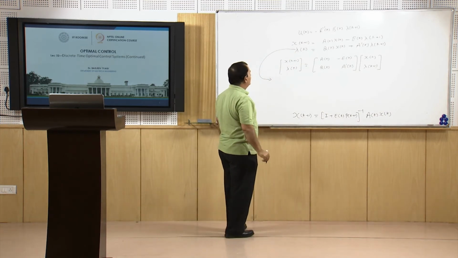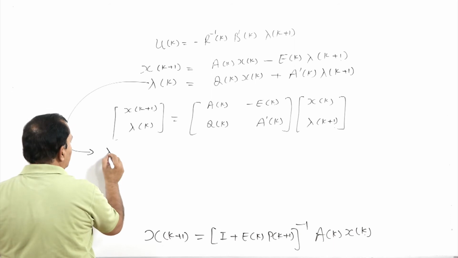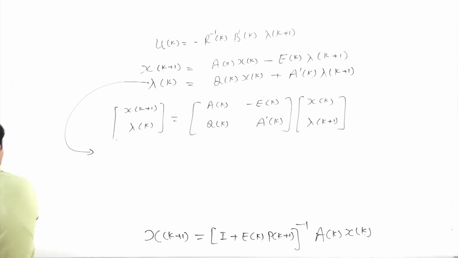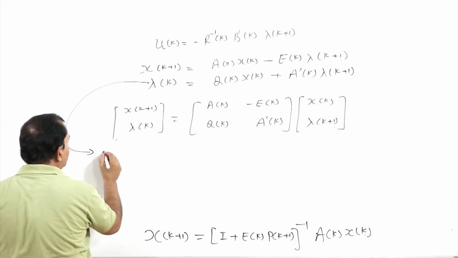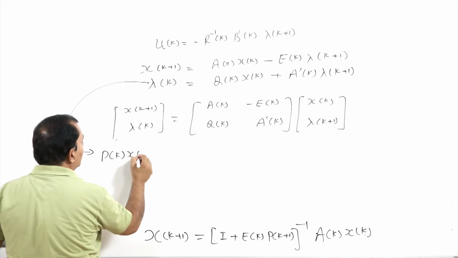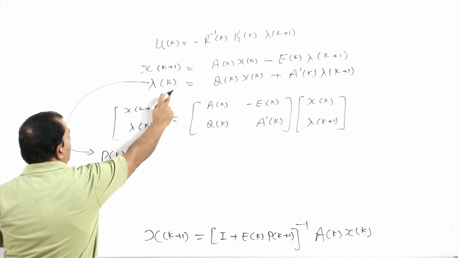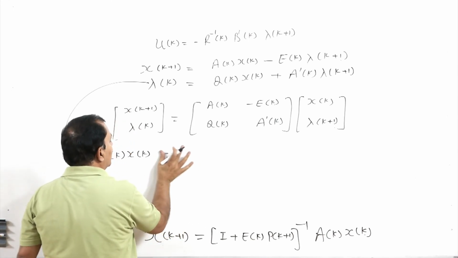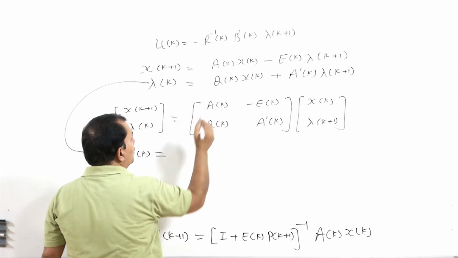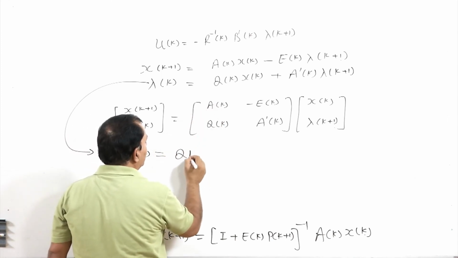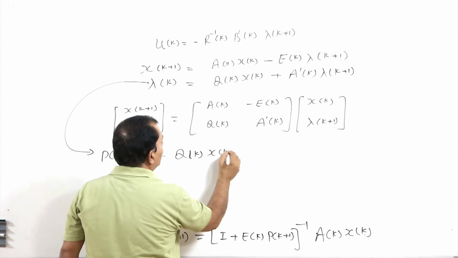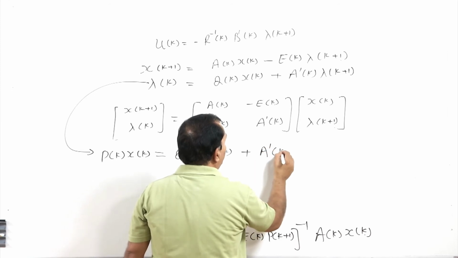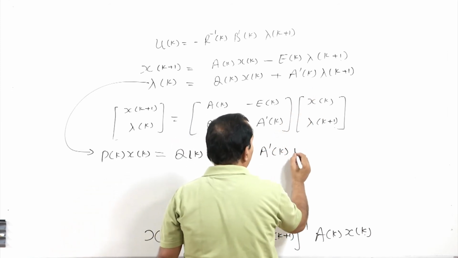Now I will consider my co-state equation, which gives me lambda k. I will take as P k x of k, in place of lambda I am writing, this equals Q k x k, keep as such, plus A prime k lambda k plus 1. What is my lambda k plus 1?